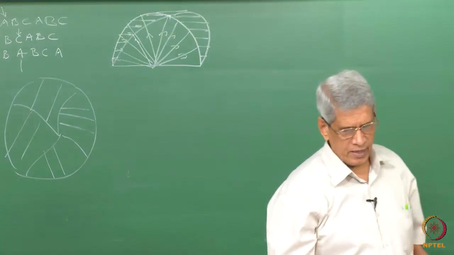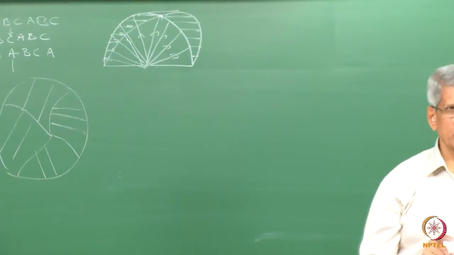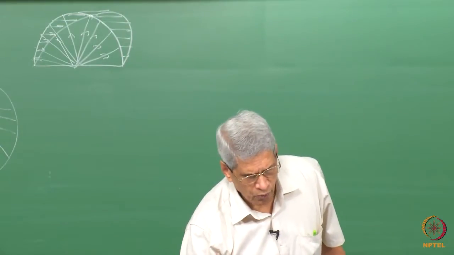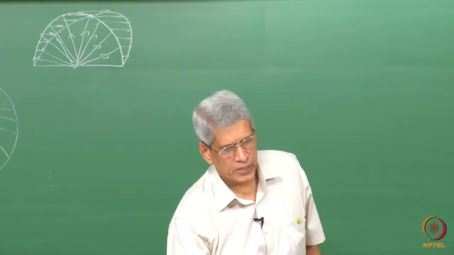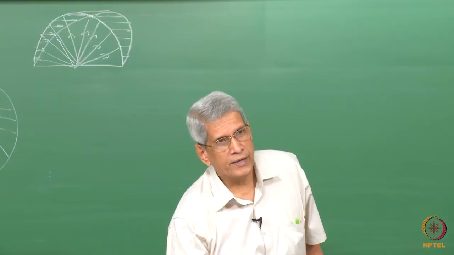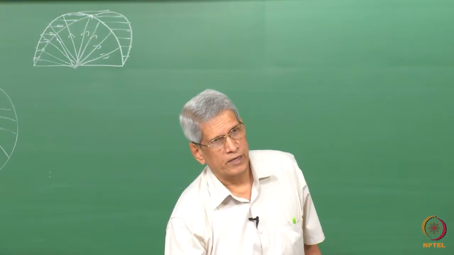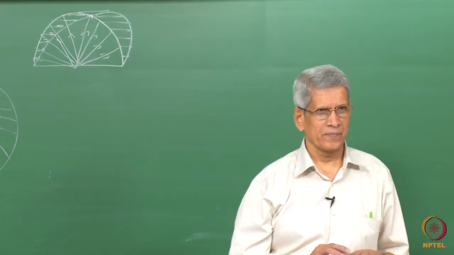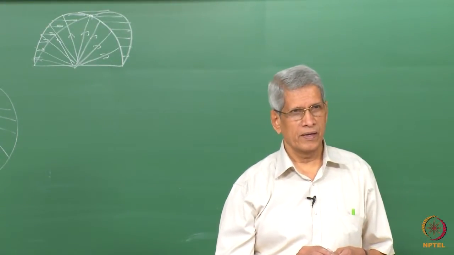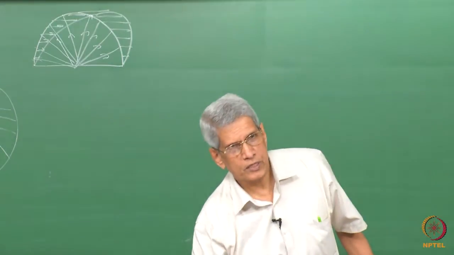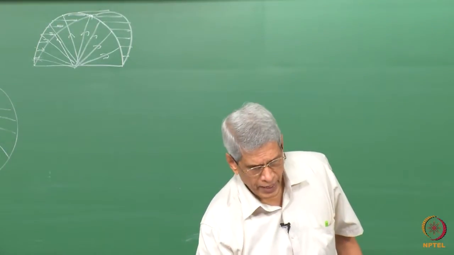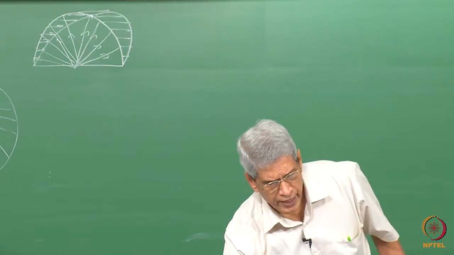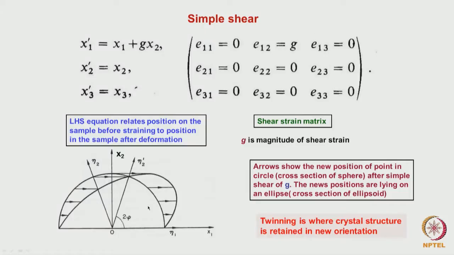That means that in this sort of a pure shear, one of the properties is that there is one direction which is undistorted, but it is rotated. So it is just rotated like this. But all other directions are distorted. So this is only a direction which we are considering.